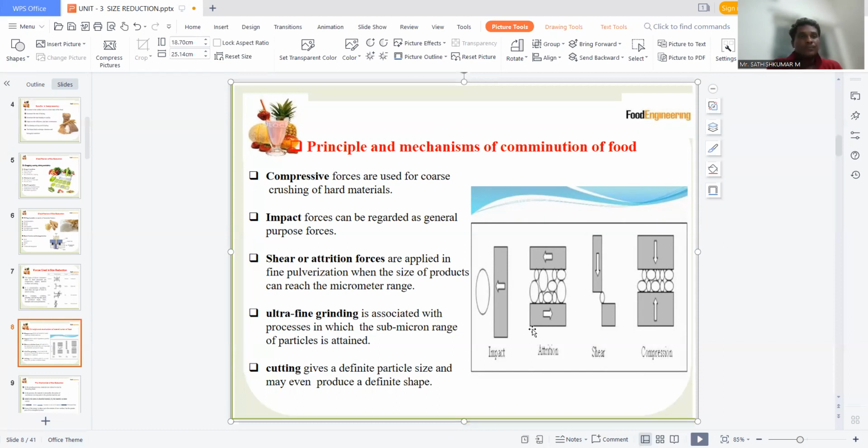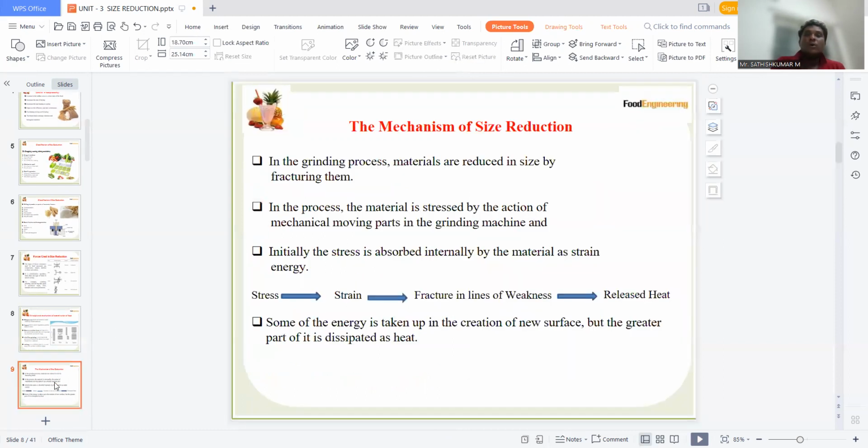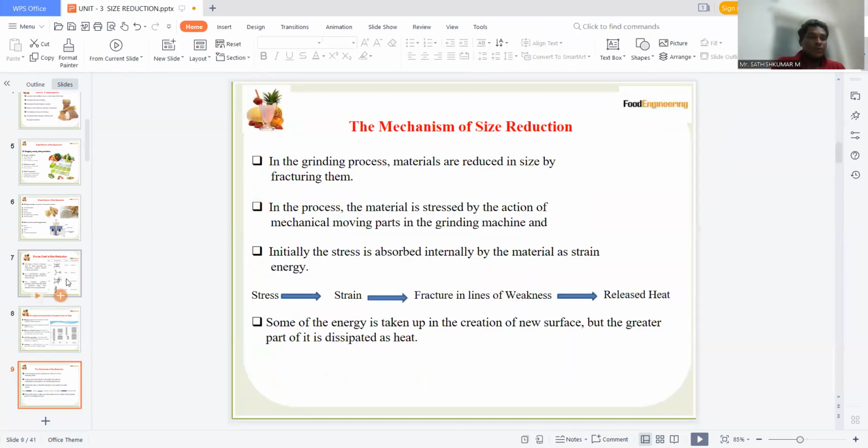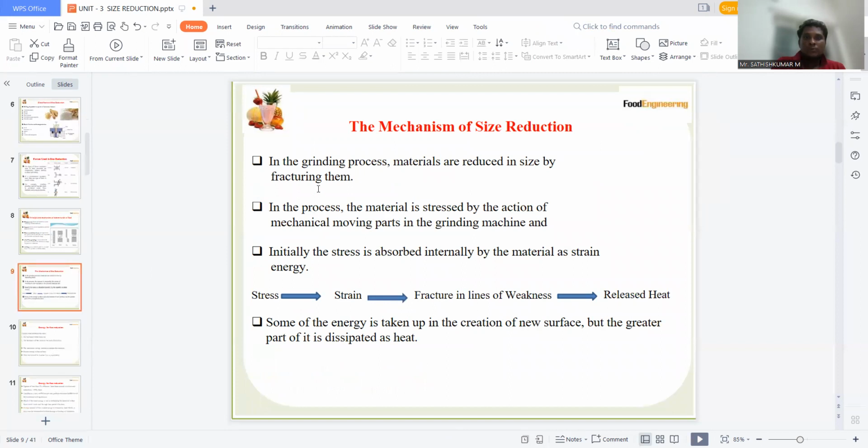Next we can move into the mechanisms of size reduction. In the case of the grinding process, materials are reduced in size by fracturing them.